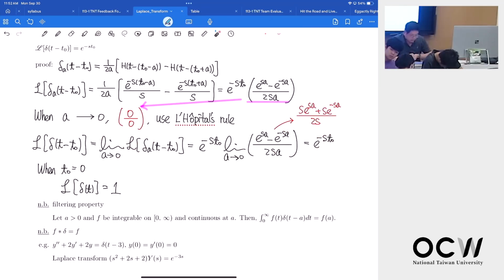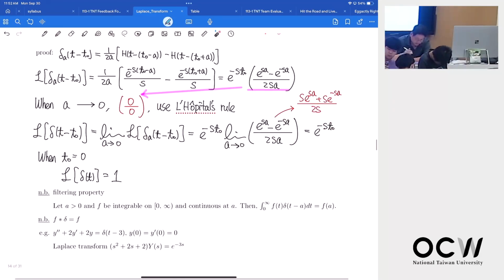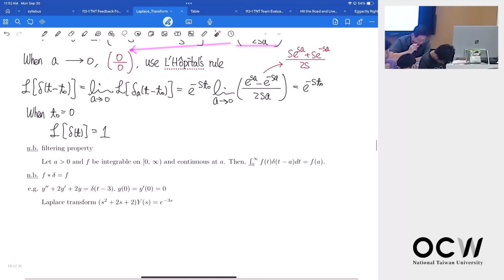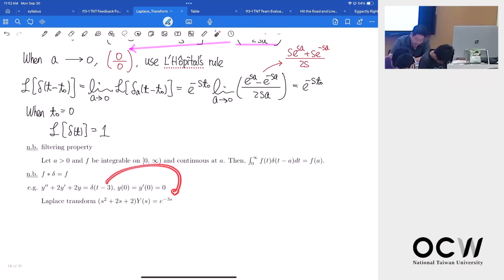Now here is the differential equation, and the forcing function is the Dirac delta function. If I use the Laplace transform, the Laplace transform of the delta function is 1, and I shift by 3, so that's why we have an exponential.